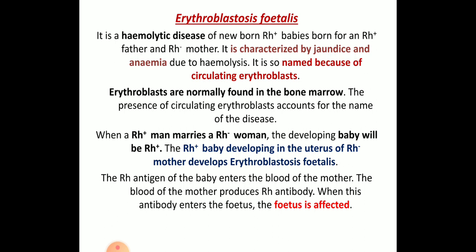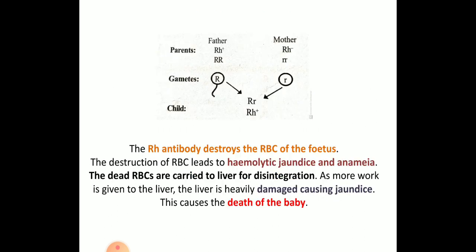So when an Rh positive man is married to an Rh negative woman, what happens? We'll see. The Rh positive father has capital R and capital R, which denotes that he is homozygous dominant. Whereas the Rh negative mother has small r, that is homozygous recessive. Once they combine in the gamete formation and the F1 generation, that is the child, is born, the child will be Rh positive, but heterozygous, with capital R and small r.